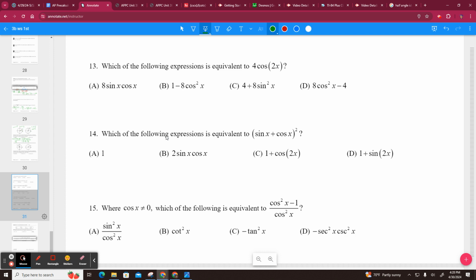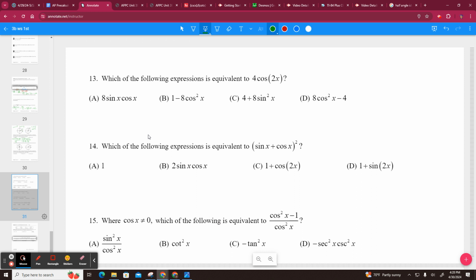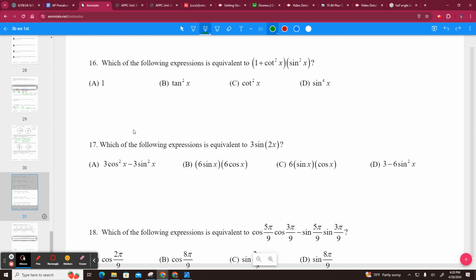Okay, a couple from this page. Let me do 13. So this is a double angle formula. Actually, let's do a different one. Let's do 17. So this is a double angle formula.